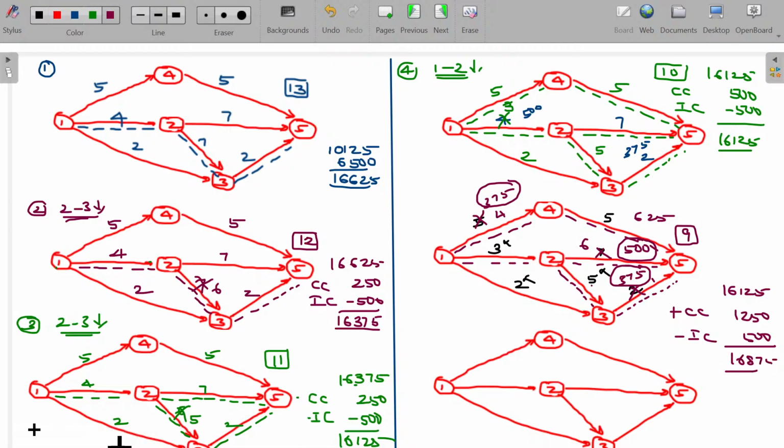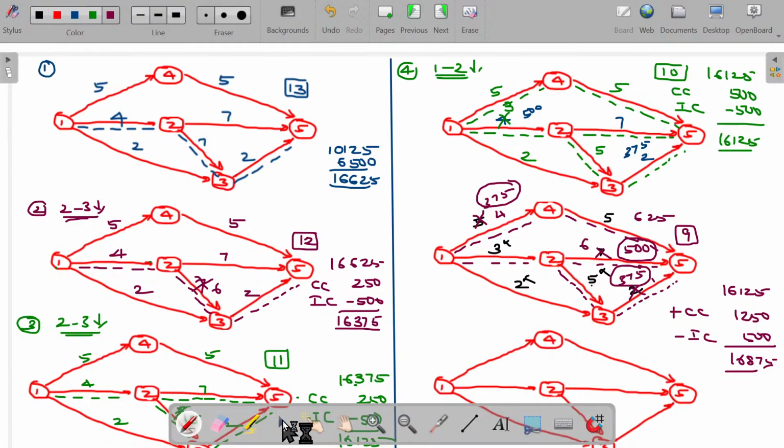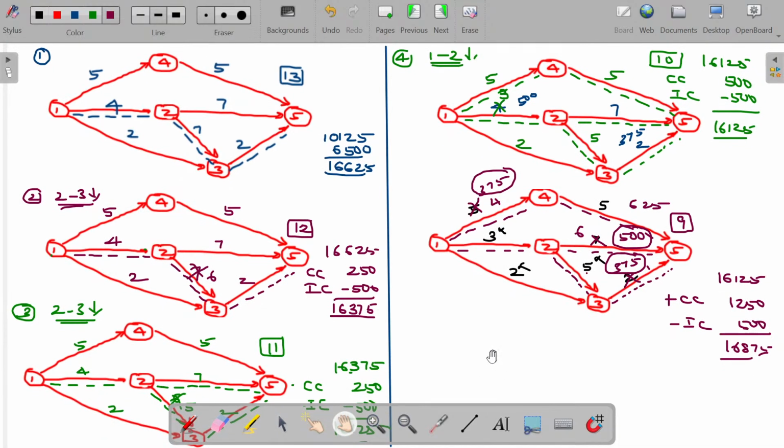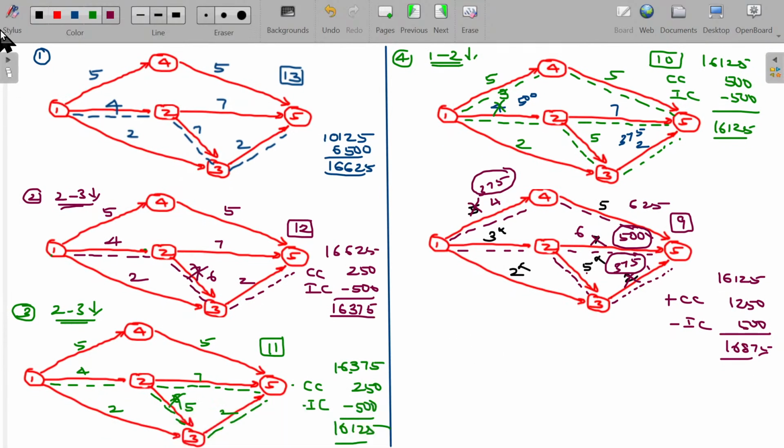16,875. If the customer demands, sir, please finish the job, give the project completed by the 9th day itself, then you will tell them, if I want to finish in 9 days, it costs me 16,875. Will you be able to afford this? Yes, very much needed, sir. If I'm getting this project completed one day earlier, I could use it for income generation where I can earn around 1,000 rupees additionally.